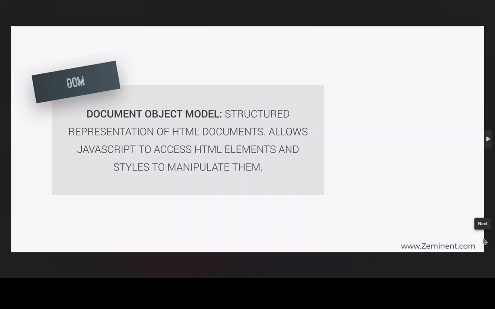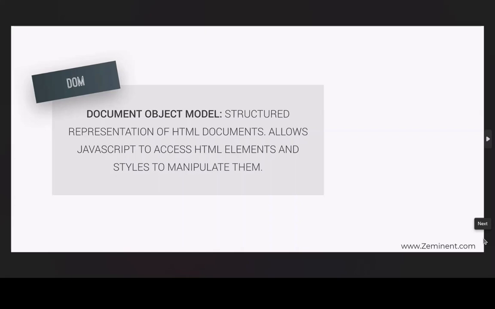DOM manipulation means using JavaScript to change the DOM, for example, selecting elements, changing text, changing style, adding elements, removing elements, responding to events. All of this comes under DOM manipulation. So the difference between the DOM and DOM manipulation is: the DOM is created by the browser, represents HTML as objects, and it stays as it is until JavaScript changes it.